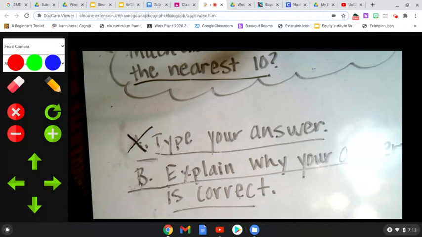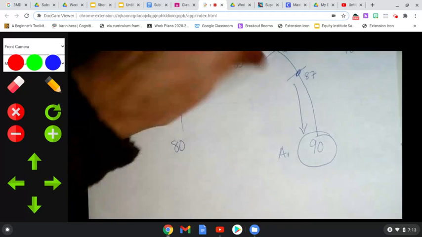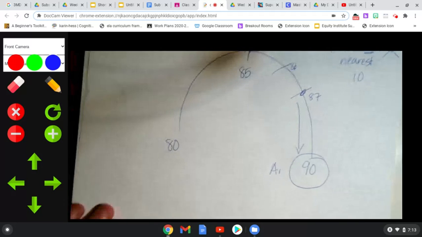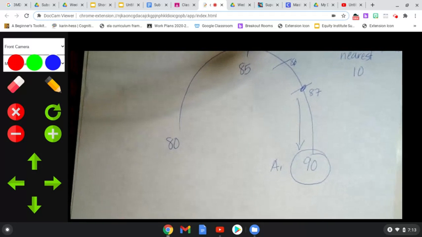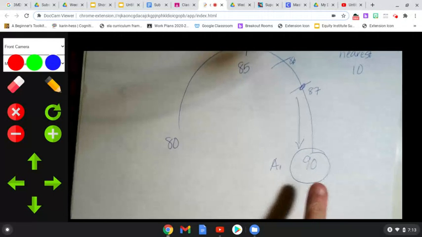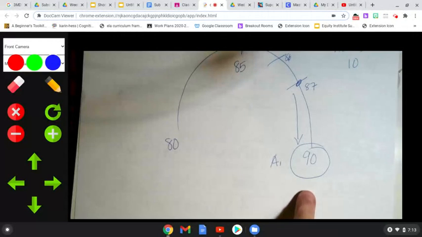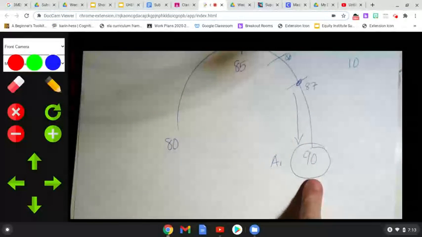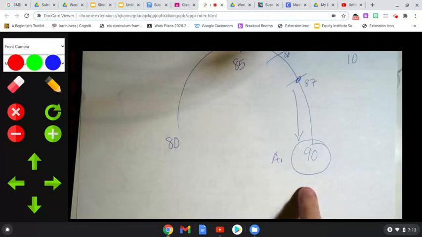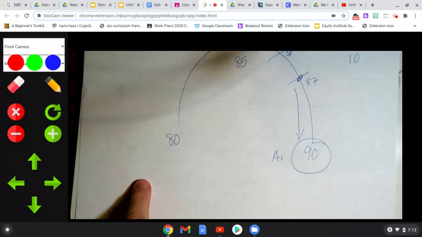So I'm going to go back at my piece of paper that my mom gave me with my little work. And now I know my answer A, 87 is closer to 90. 87 is rounded to 90 because it is closer to 90 than 80.